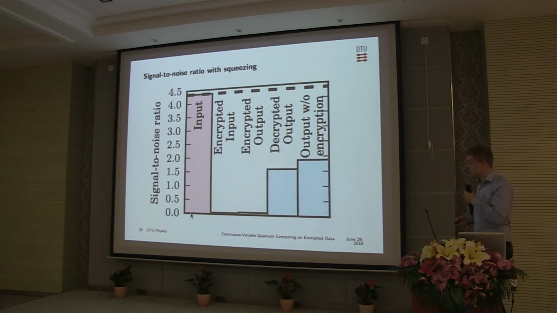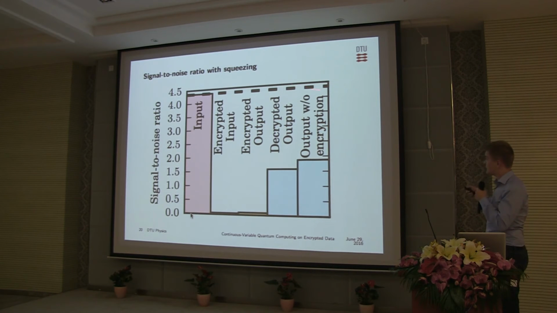Okay, so if we look at the SNR instead, the input here is just, once again, the squeezed state. And the decrypted output without the encryption we would expect to actually be up here if the gate was perfect. Because the excitation that we implement here with the coherent state experiences the same gain factor as the quantum noise does.